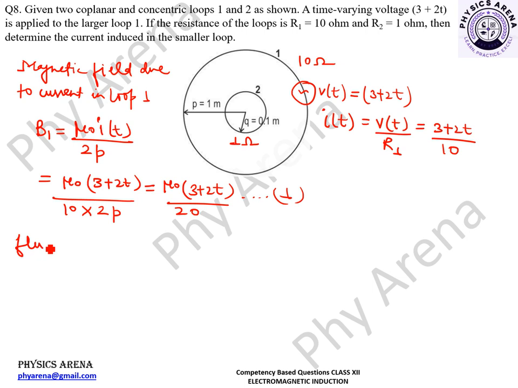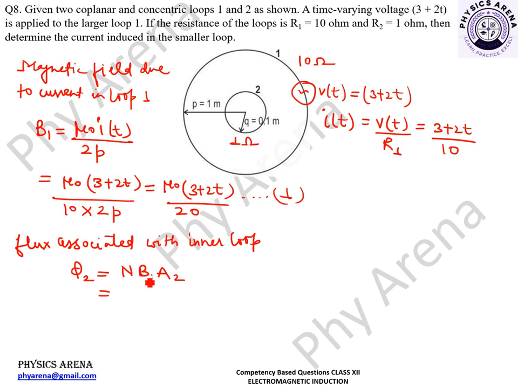So flux associated with inner loop, that is phi 2, will be number of turns times the magnetic field B1 multiplied by area of the loop. Since there is no information given on the number of turns, we will consider it as 1 only.